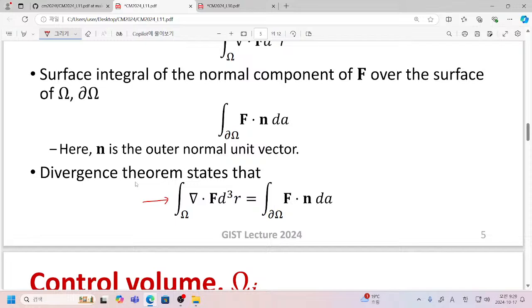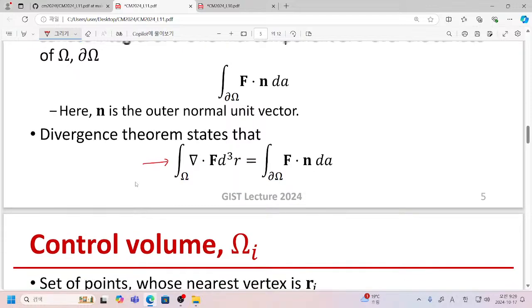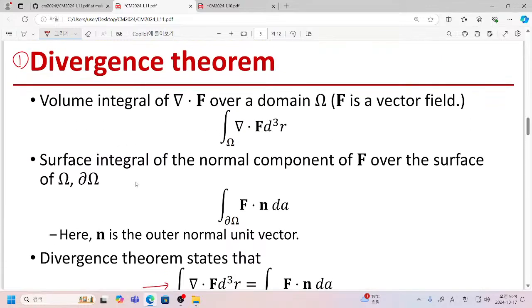But let me just repeat this once again for those who are not that familiar with this concept. Let's say that F is a vector field.